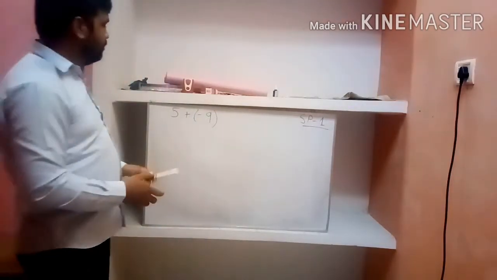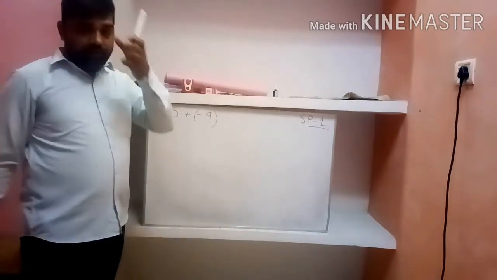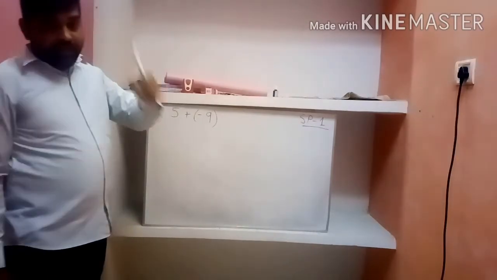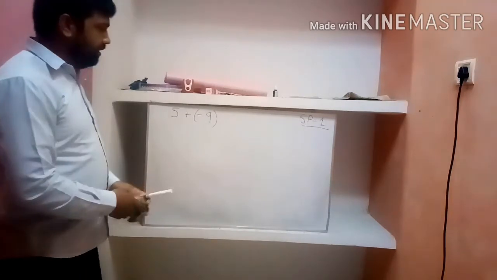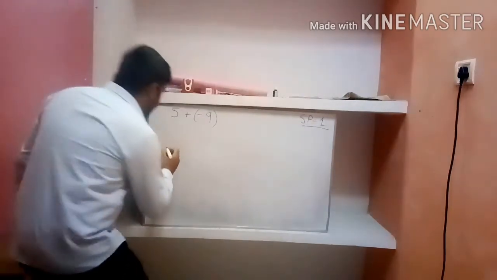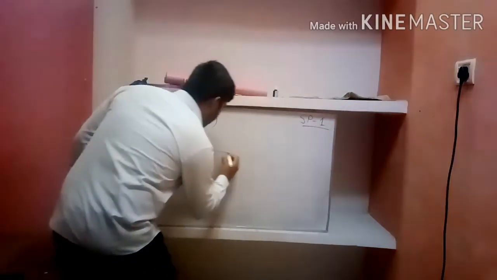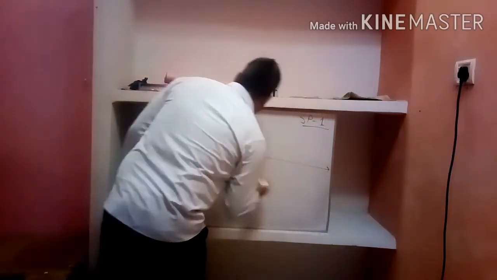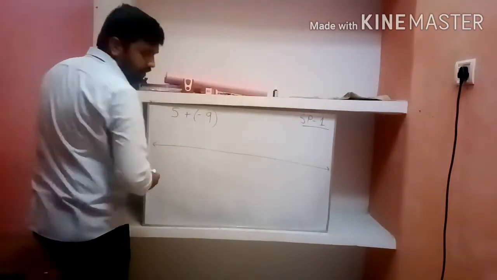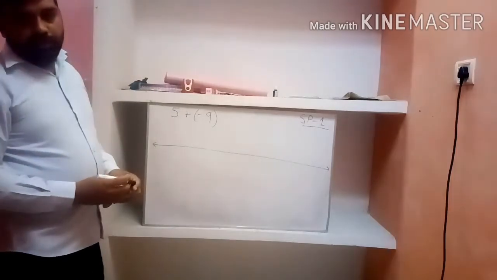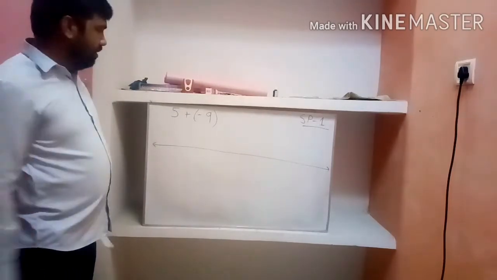We have to add two integers, 5 and -9, on the number line. So we start at 0 and move 5 units to the right. Again we take the number line. Now we move 5 steps.